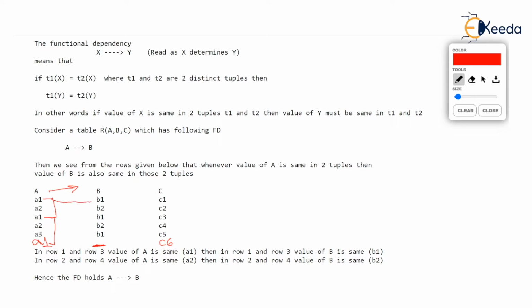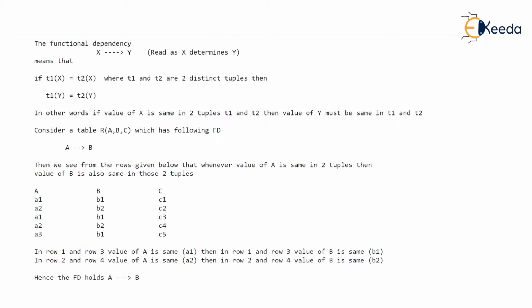So the value of B is B1 when A is A1. Then the value of B has to be B1 when A is A1. I hope you understand. So if you insert any more rows with the value of A as A1, then you have to put the value of B as B1. Only then will these FDs hold.